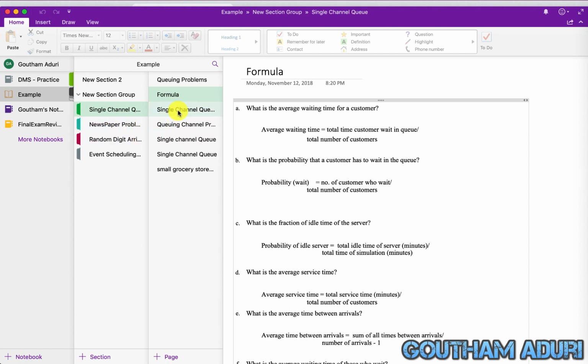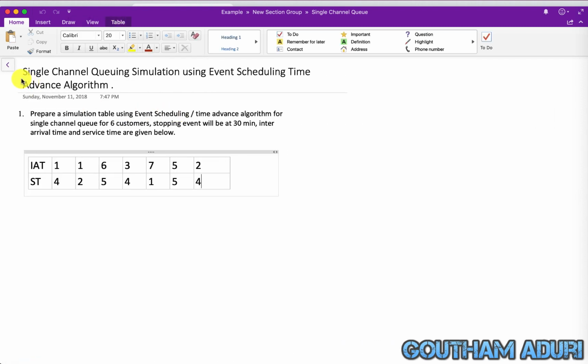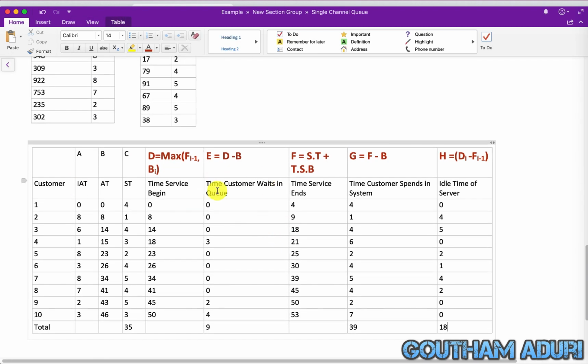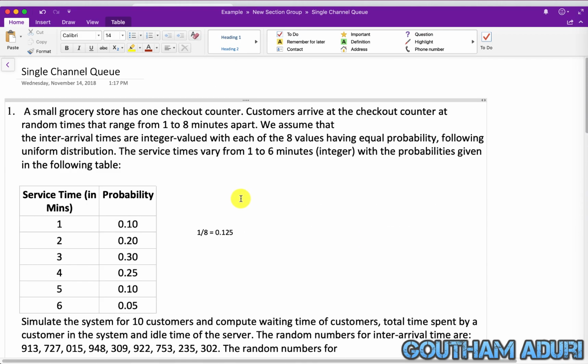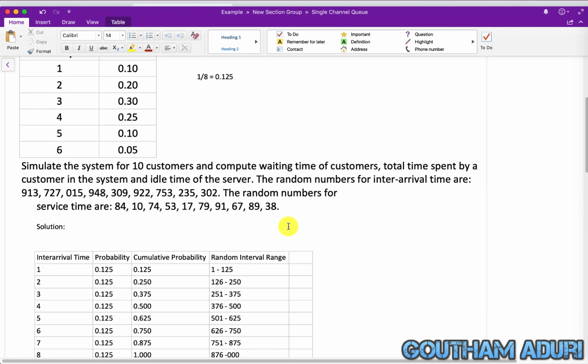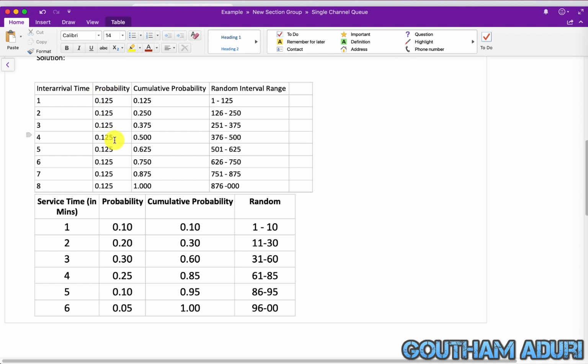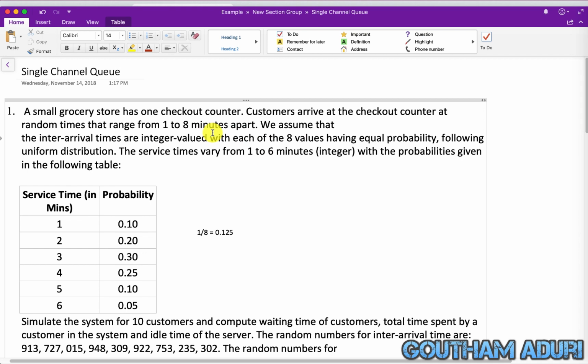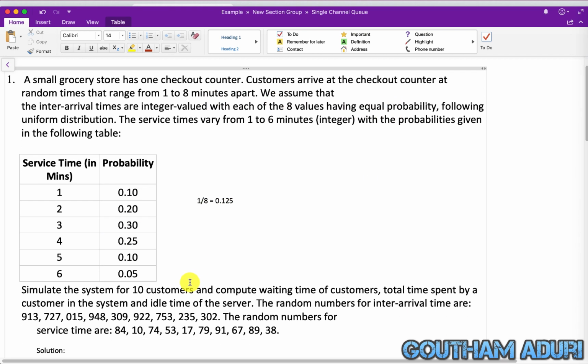I mean, how to calculate the time service, how to calculate from the given random numbers and the given probabilities. First, you have to arrange the interarrival times and the probability equally, because the question says arrivals are 1 to 8 minutes apart with equal probability. So you have to divide 1 by 8 into 8 equal parts.